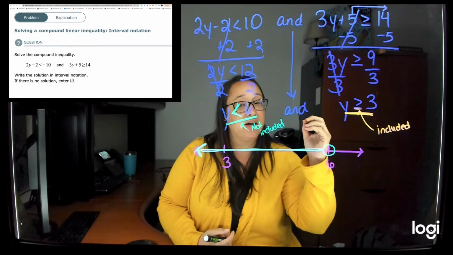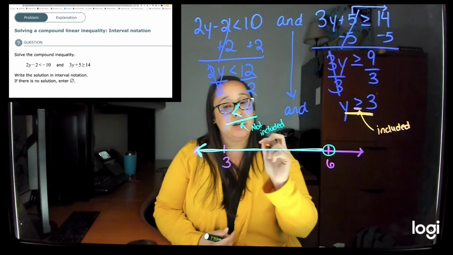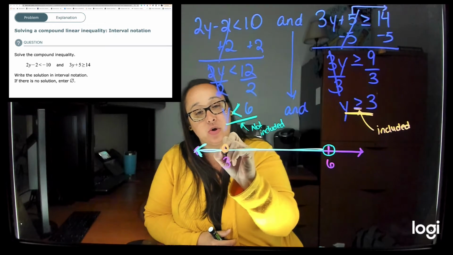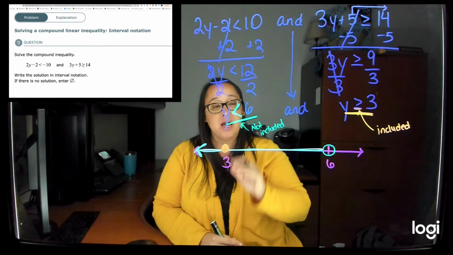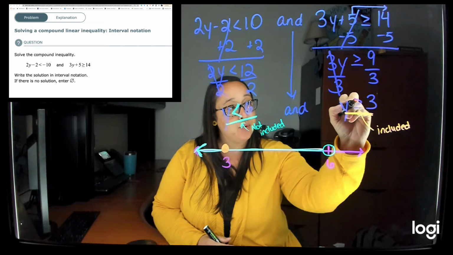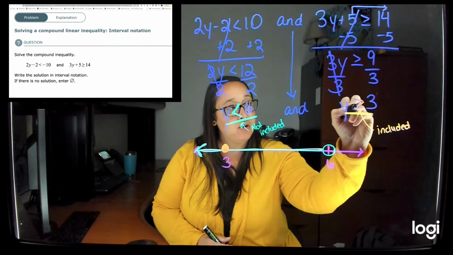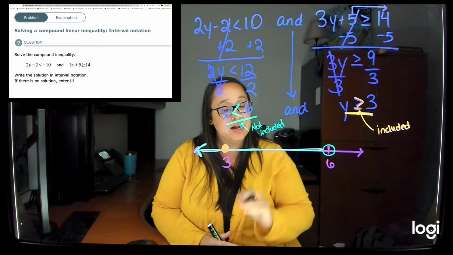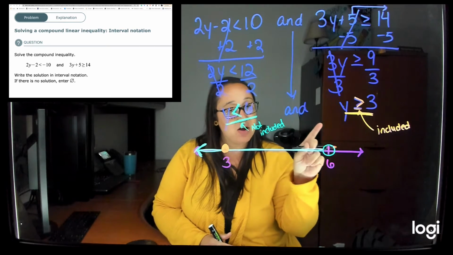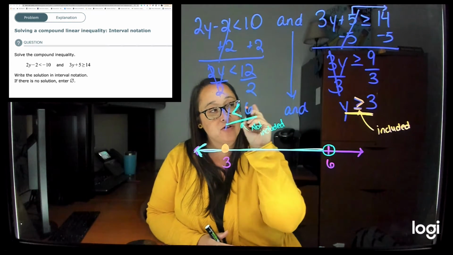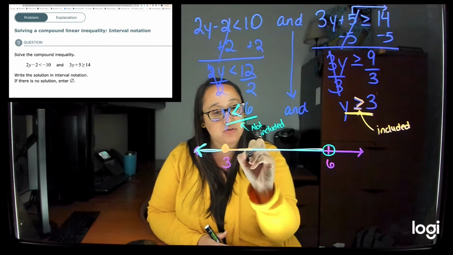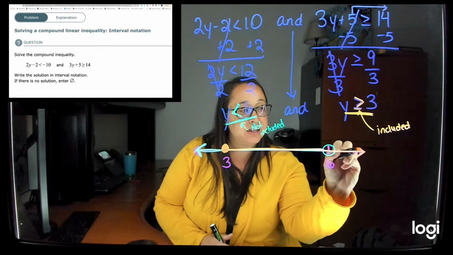So when I plot this point, I want to actually use a closed circle. And now I want to shade. I need to make sure that I am graphing the same way as that sign, that I'm drawing a line that's going to have an arrow facing the same way. So all values that are greater than 3 are going to look like this.